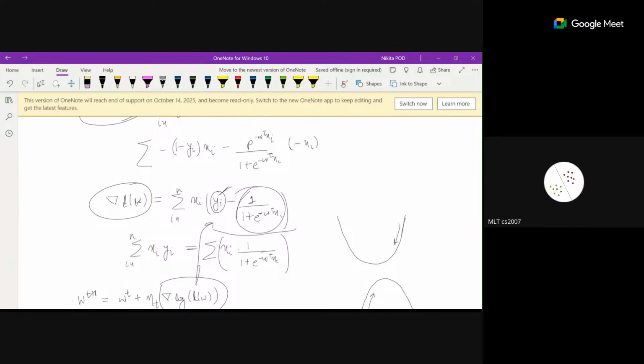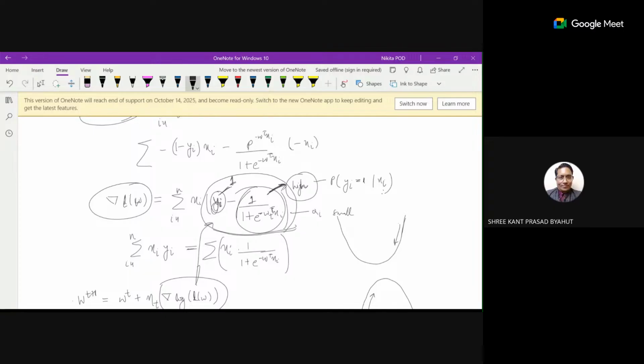See, if this term, which is 1 divided by 1 plus e to the power minus W transpose xi, is high, and this is nothing but the probability that yi is equal to 1 given xi, and yi is also 1, then the difference between these two would be small.